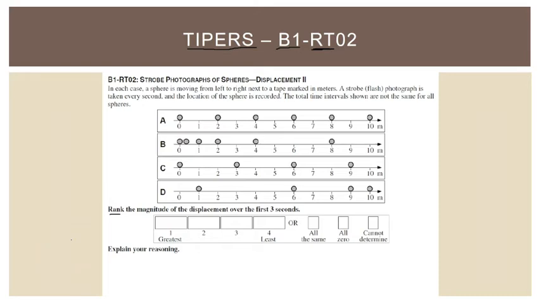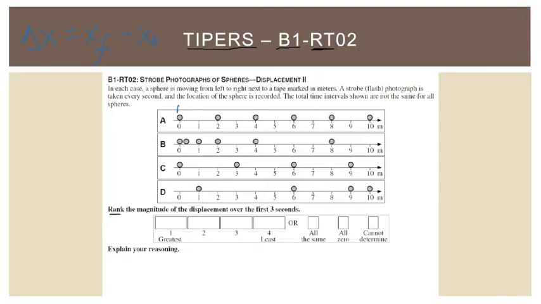So the first thing you need to do, obviously, because we're finding displacement, is you need to recognize the fact that displacement, delta x, is equal to the final position minus the initial position. So we need to look at the object where it starts and look at the object after 3 seconds.